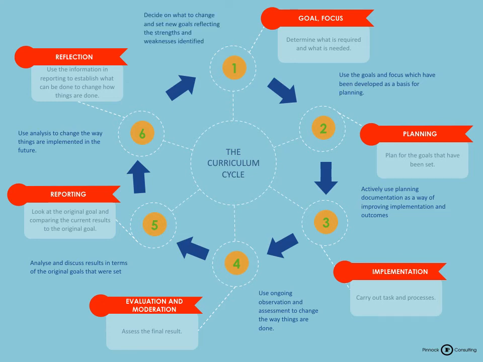You want to see that now following through into the next set of goals that the school has put in place for the next cycle. It might be per term, it might be per year, it depends. This cycle is so effective, and what we've found is that schools that carry out this cycle at the different levels really are successful in improving their results and really offering a top-class curriculum.